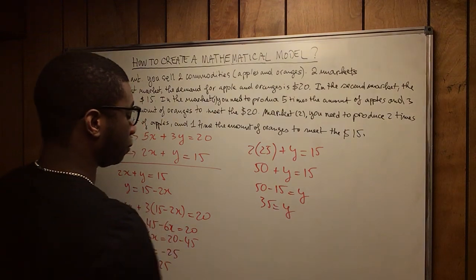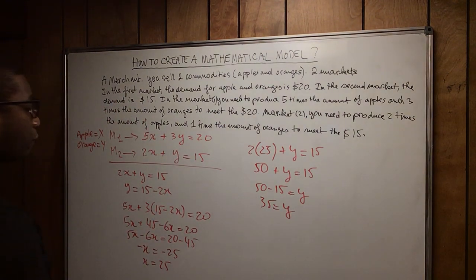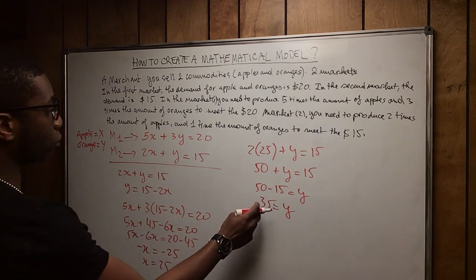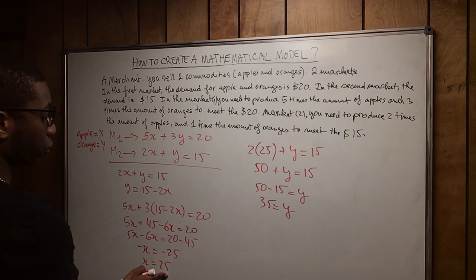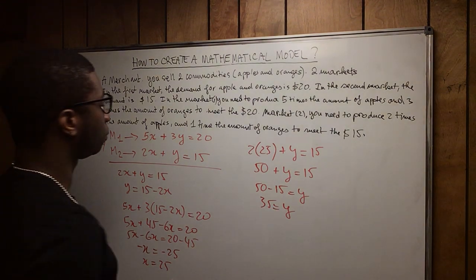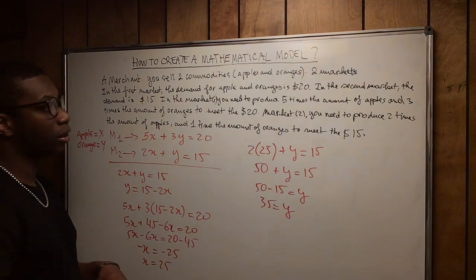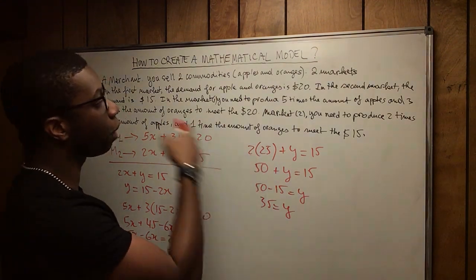Basically, as a merchant, you need 25 apples and 35 oranges to meet the demand for each. So this is a mathematical model that helps you solve the problem.